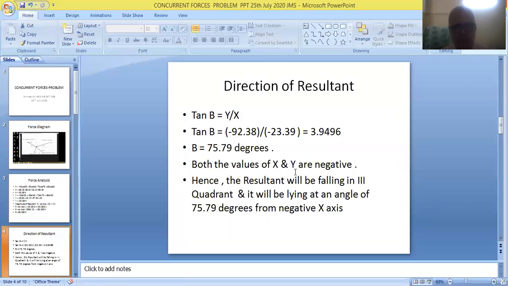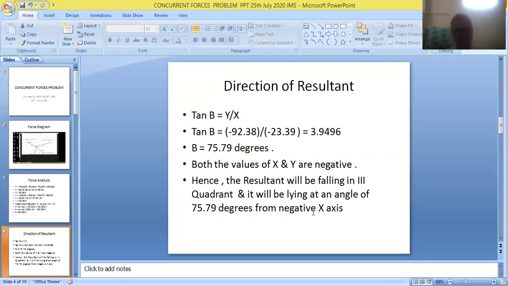So the values of x and y are negative. Therefore, the resultant will be falling in the third quadrant, and it will be lying at an angle of 75.79 degrees from the negative x-axis.